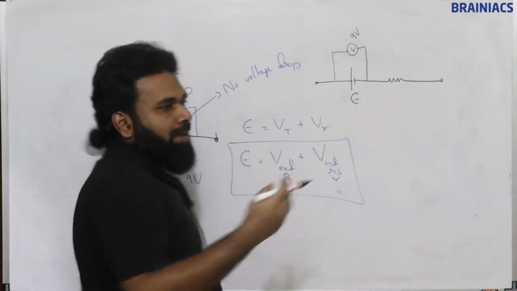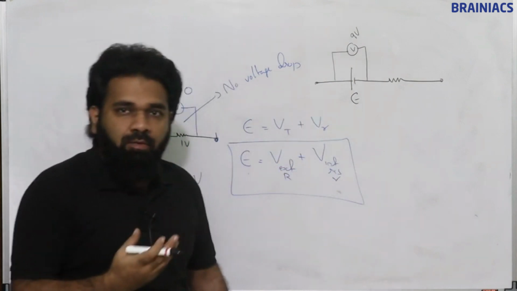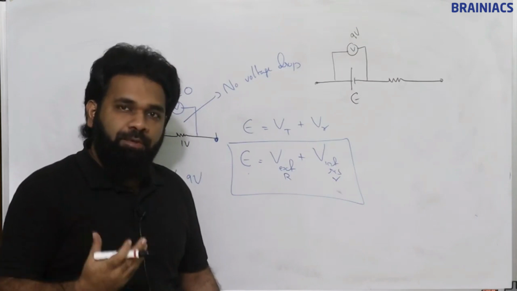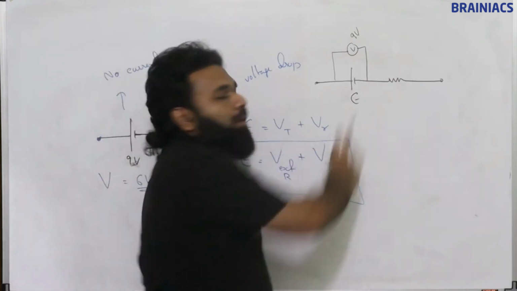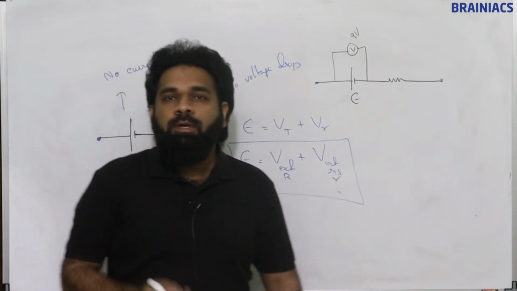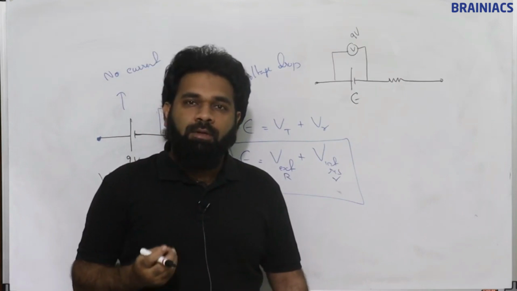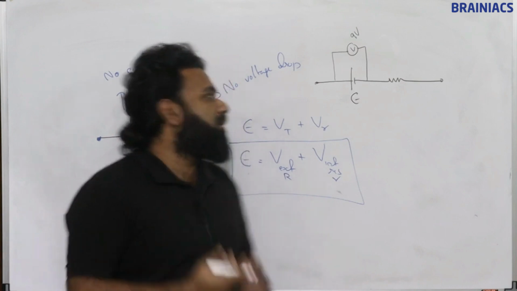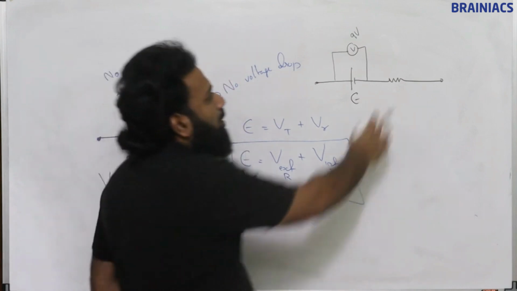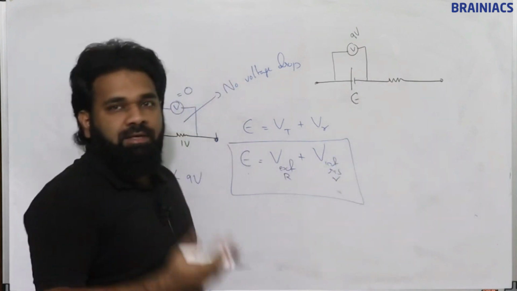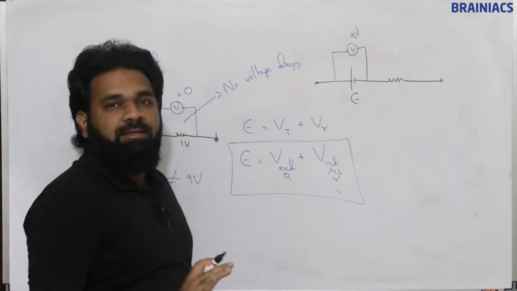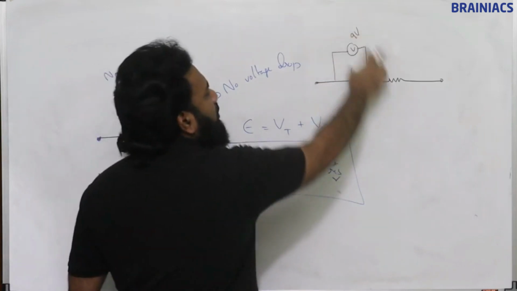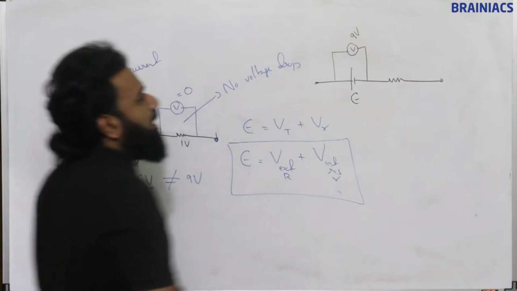Just for representative purposes, we are drawing like this. Actually, if there is no current, there is no voltage drop here also, but for understanding purposes we are discussing it like this. Now if we are able to measure, we will get 9 volt.